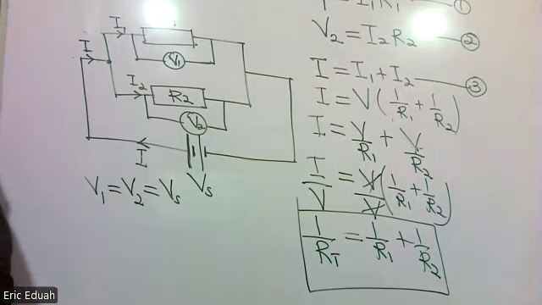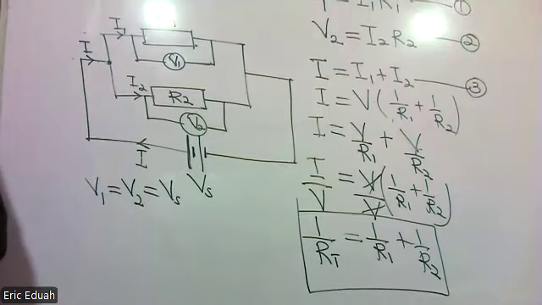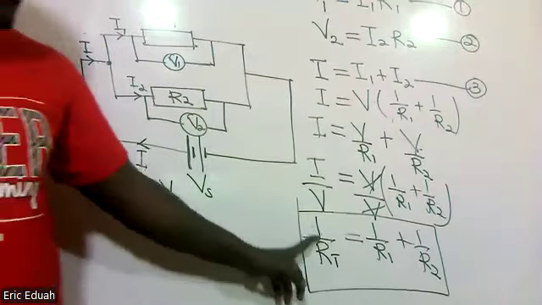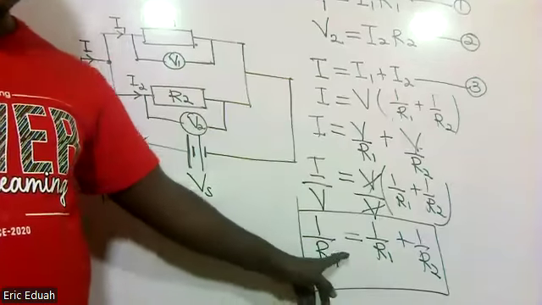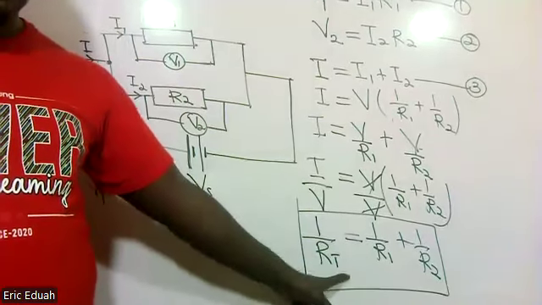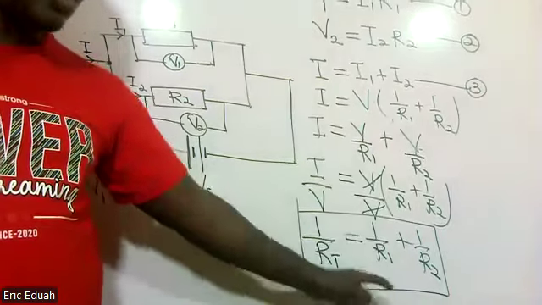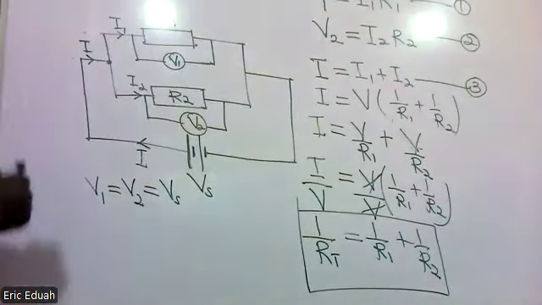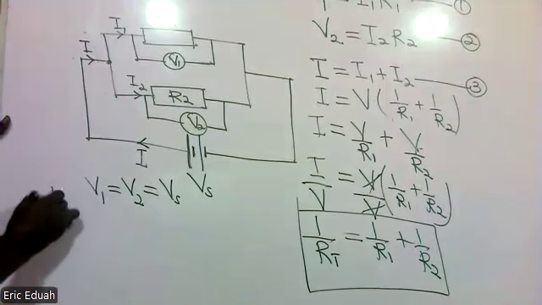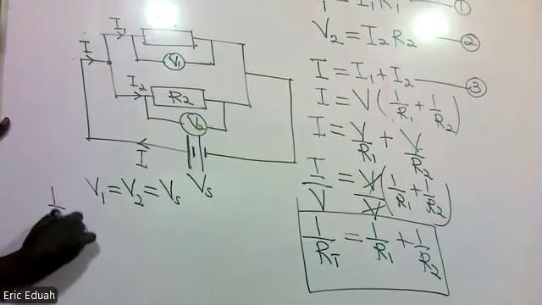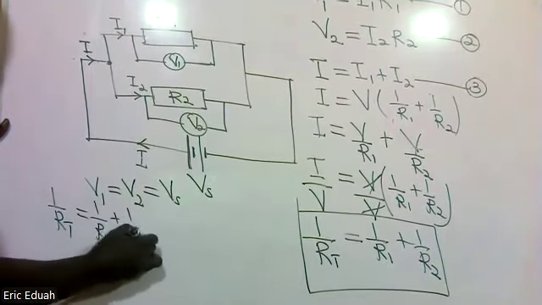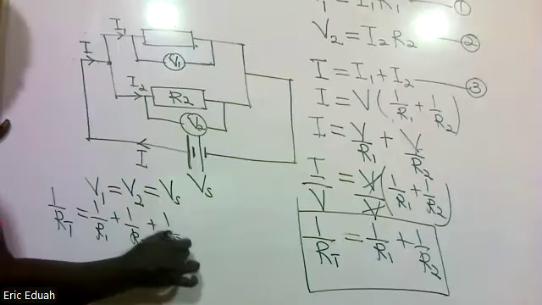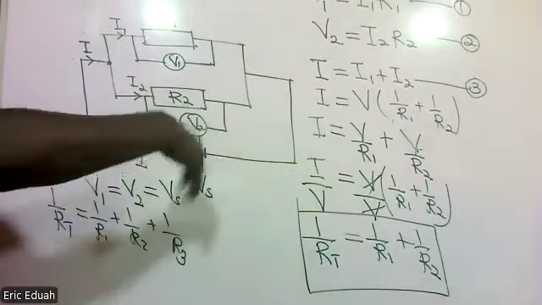So when resistors are connected in parallel, 1 over the total resistance or the equivalent resistance is equal to 1 over R1 plus 1 over R2, on and on. So if there are 3, 1 over R total or equivalent will be 1 on R1 plus 1 on R2 plus 1 on R3. If they are 4, the same.